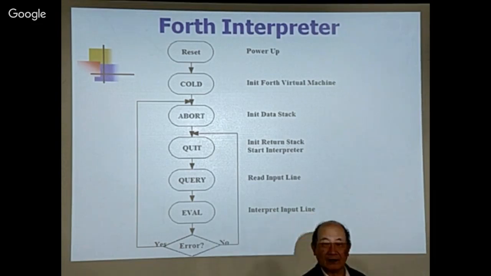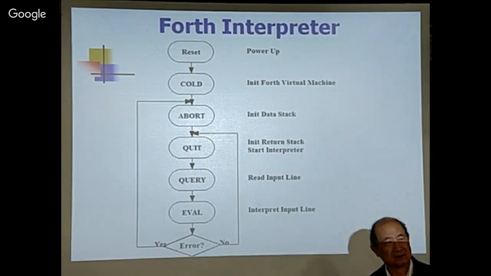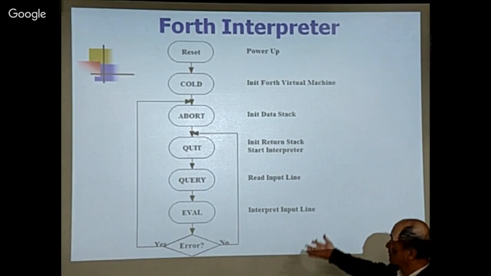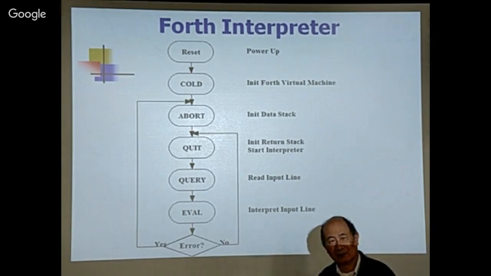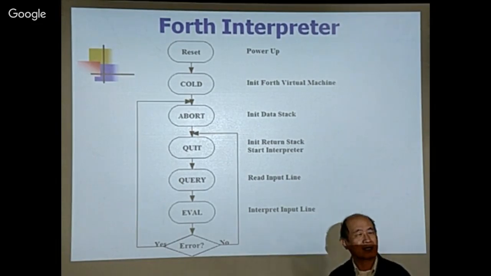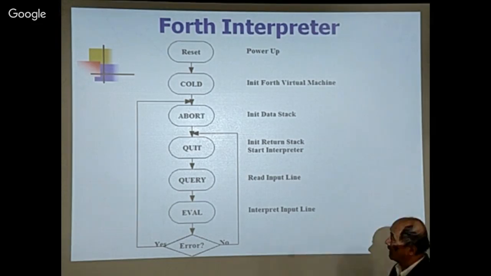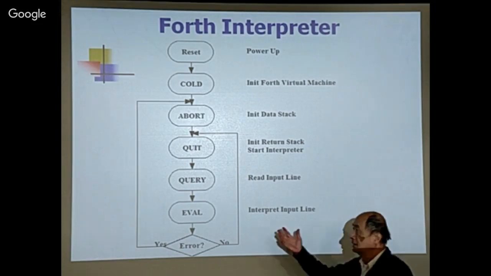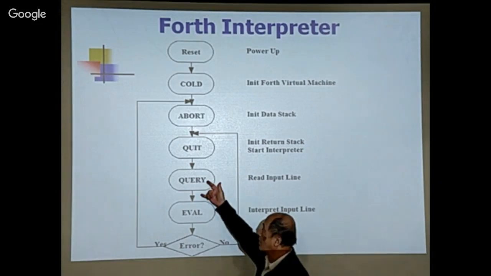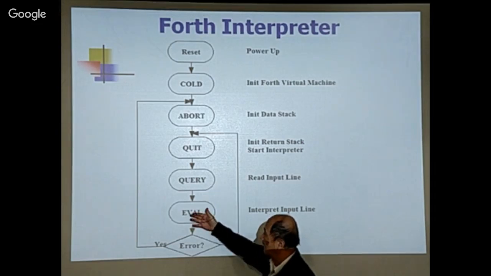In a regular Forth system, we have a terminal to get input and a screen to display the results. But if you change that query part, the eval would still work the same.